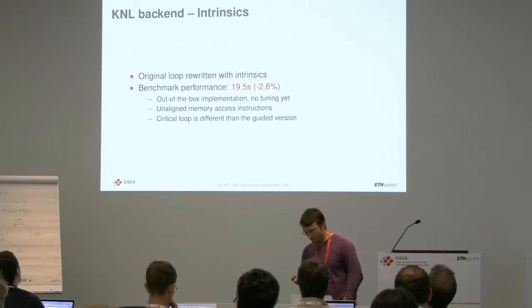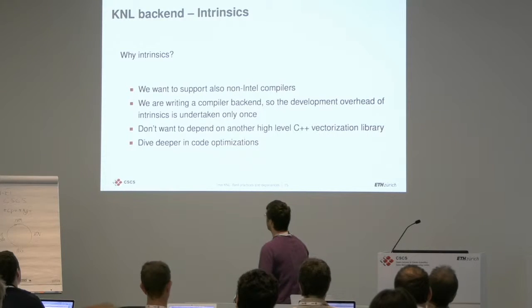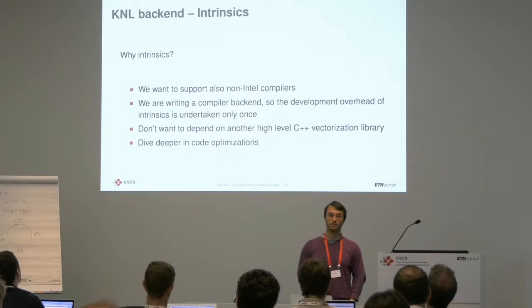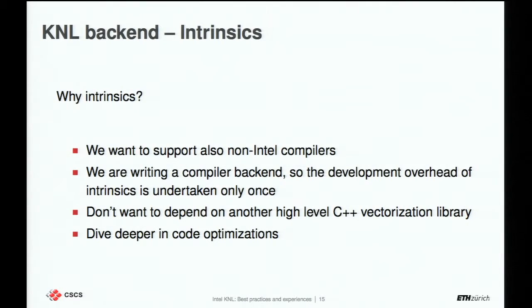And so the apparent question is, why do you use Intrinsics? First of all, we want to support other compilers like GCC or Clang, which are not so adept at auto-vectorizing. And in any case, it's not that we have to implement every mechanism again in Intrinsics each time.